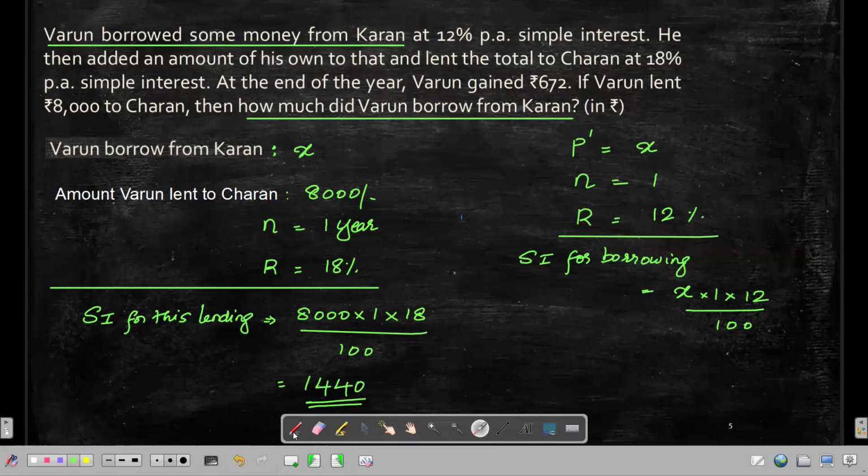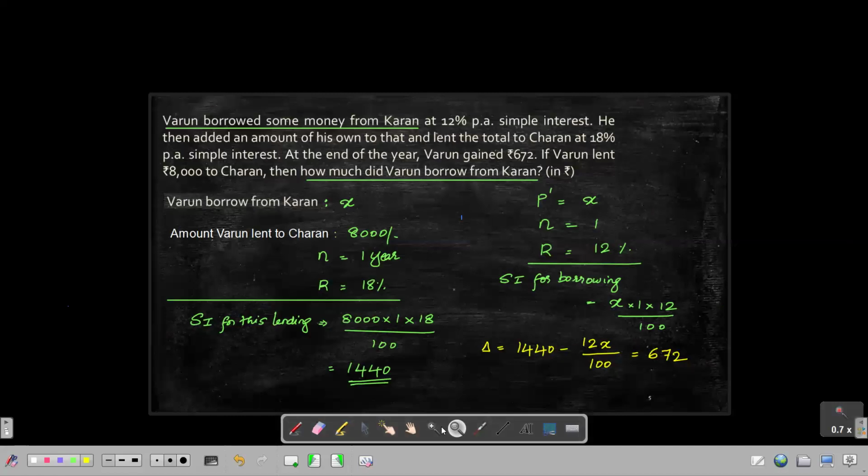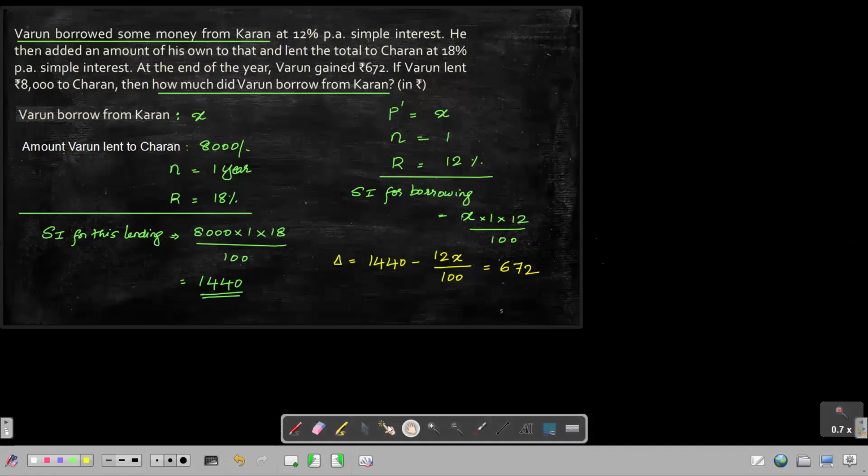So that's the money that is going out. Observe closely, this difference, delta, that is 1440 minus 12x upon 100, is going to be the profit, the gain that Varun is making, that is coming here as 672. So this is a very critical step. The money that comes in minus the money that goes out is 672.